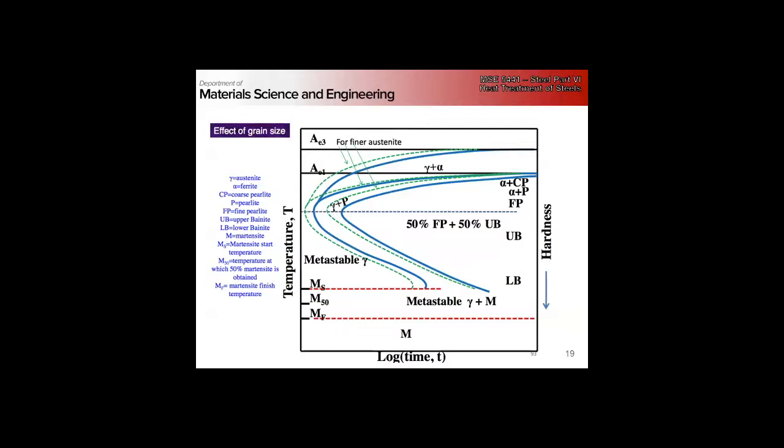If you were homogeneously small, you're going to shift, right? So the more heterogeneous your structure, you're going to have regions that transform quickly and regions that transform slowly, right? So for the mean grain size, comparatively, you're going to have a slightly wider curve, right?